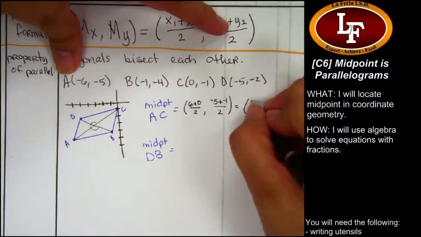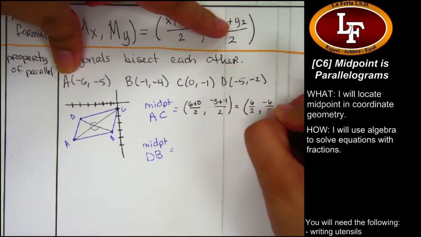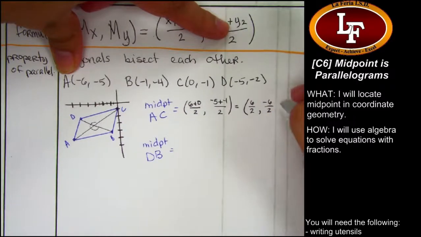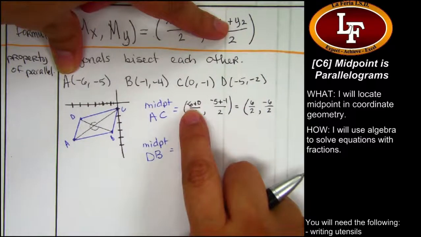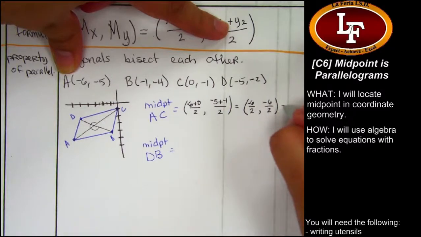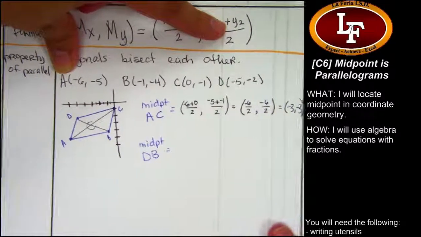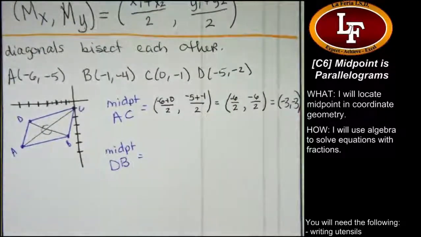And when I'm done, I end up with something that looks like this. I think I missed a sign. Yeah, I missed a sign here on the point of A when I copied it down. So there we go. And when I reduce those fractions, I get a coordinate of -3, -3. Just going to zoom in a little bit.